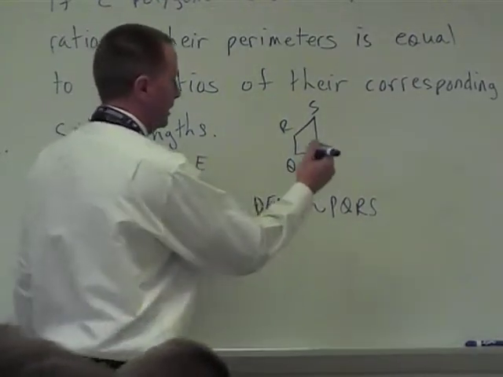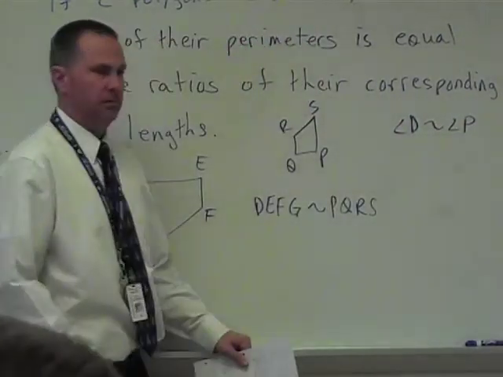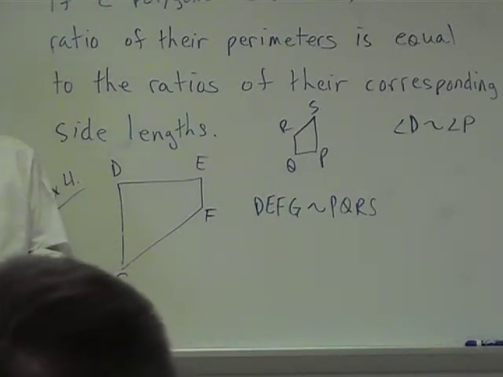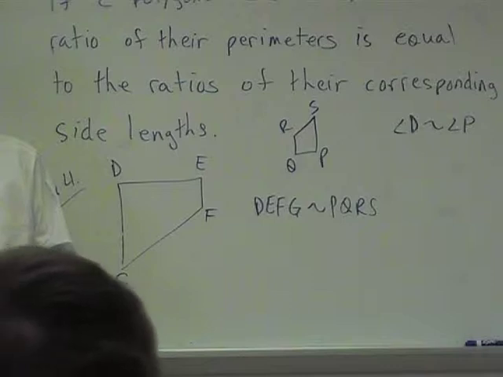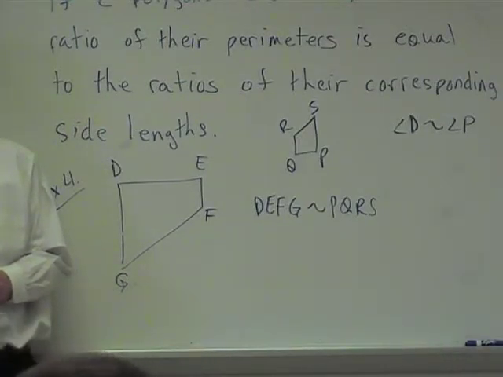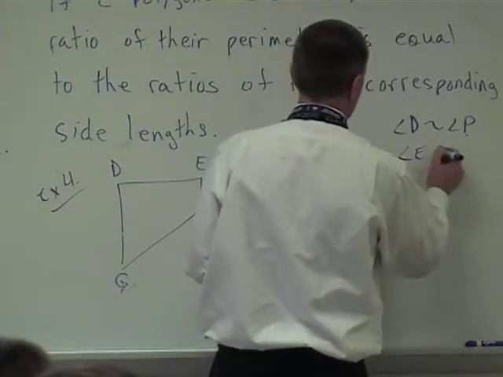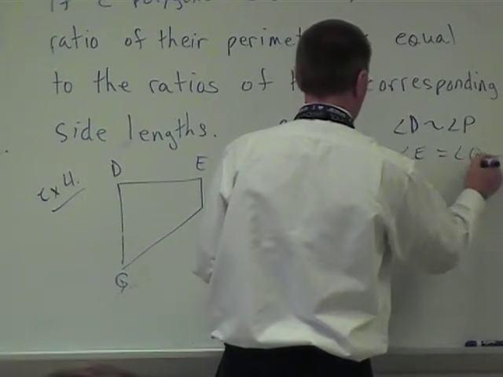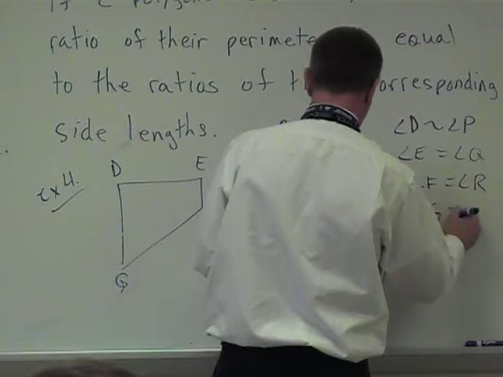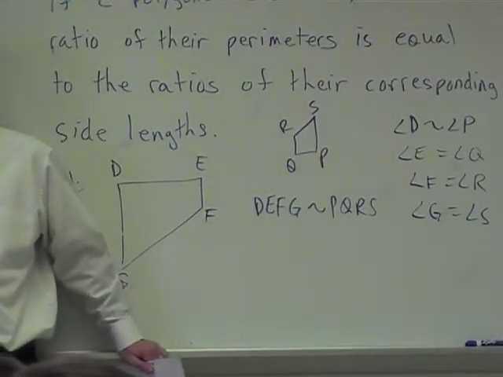So angle D is similar to angle P, right? You can say equal or congruent because they are equal. Okay. And so on all the way down. So angle E equals angle Q, angle F equals angle R, and angle G equals angle S. They are equal if the two figures are similar.